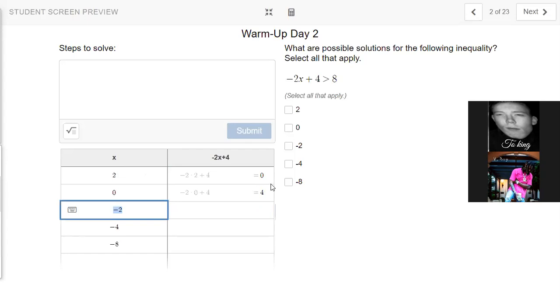See if any of these are going to be greater than 8, and then check the ones that are. Okay, so again, the link for the Desmos is in the chat.